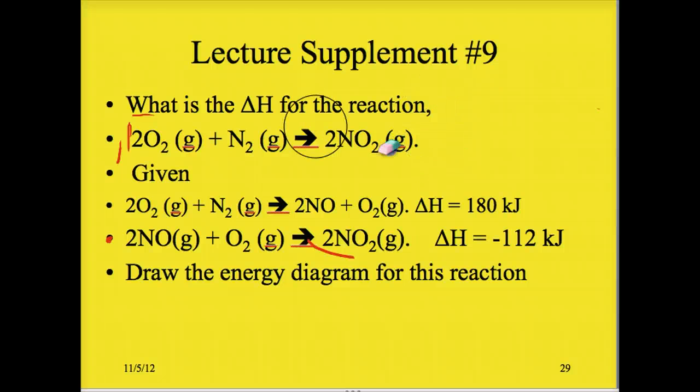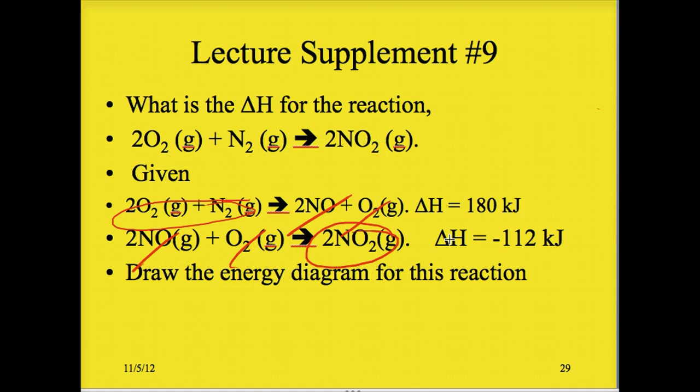When I add up these two given reactions, since I'm not flipping or multiplying, I can just look at it. I'm going to have these on the same side and these on different sides. So my overall reaction will be those two reactants giving off this product, which is exactly what I'm looking for.